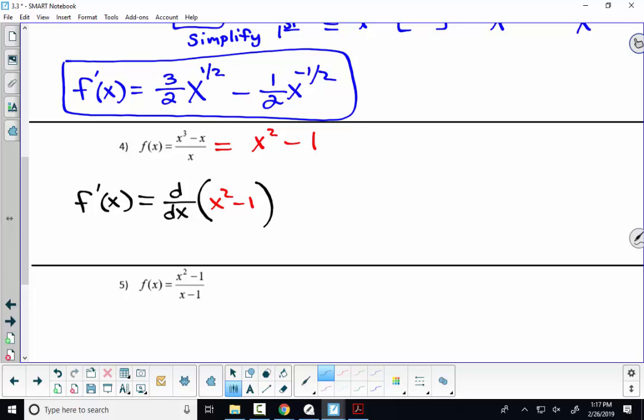So the derivative of x squared minus 1 would give us what? 2x. Do y'all agree? Derivative of x squared, power rule, 2x, minus the derivative of a constant, which is 0.